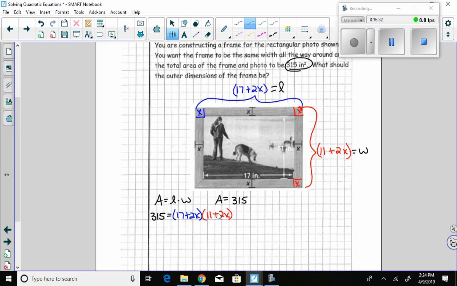Oof. So in order for me to do that, I actually have to FOIL this problem out. Remember FOIL? Or you could use the box method if you would rather. Okay? So you're going to have to FOIL that out. If you need to, hit pause and do that FOIL. And I will wait for you.